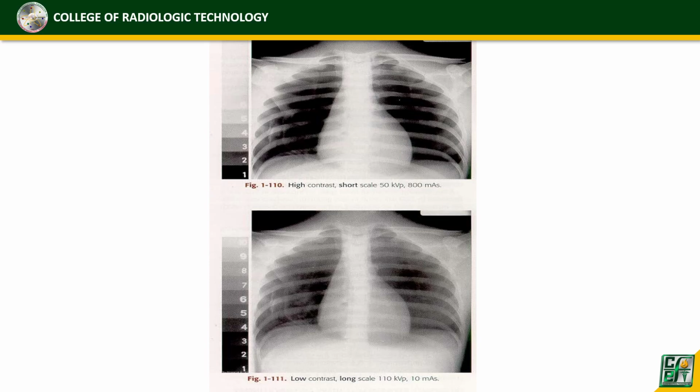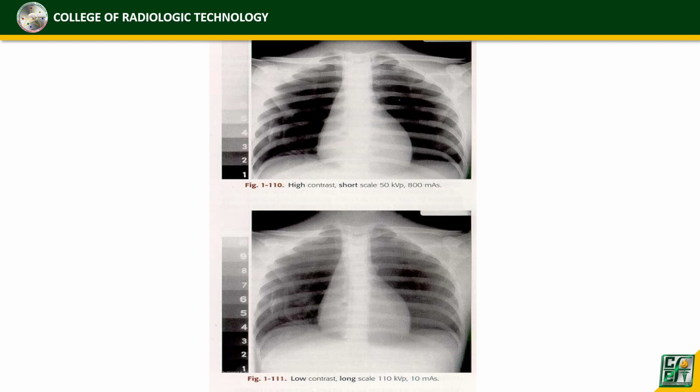As you can see, meron siyang mas maitim na image, and we can clearly differentiate the lung field from the bone.